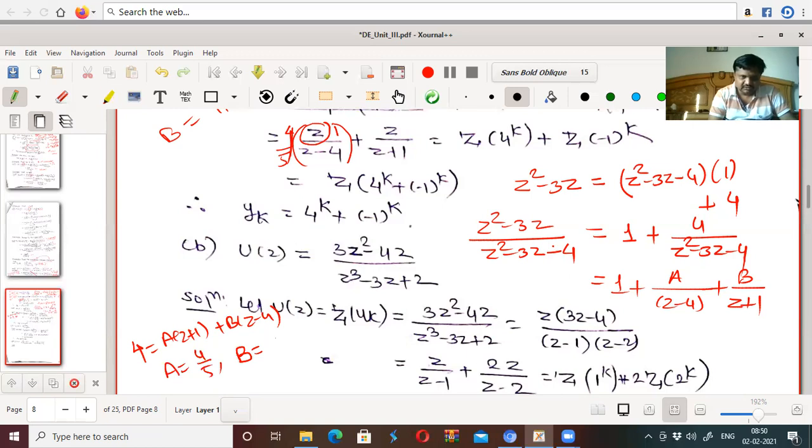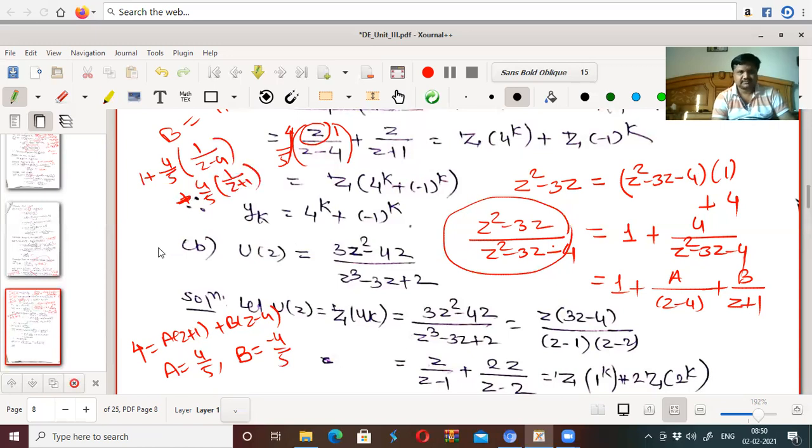So you'll get b as minus 4 by 5. And so in total, this term becomes 1 plus 4 by 5 into 1 upon z minus 4 plus minus 4 by 5 into 1 upon z plus 1.